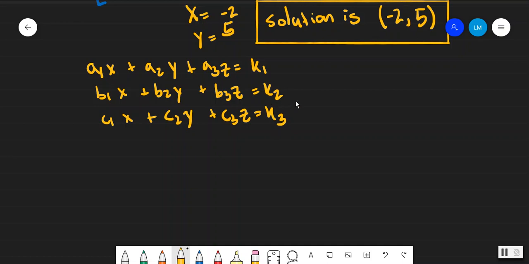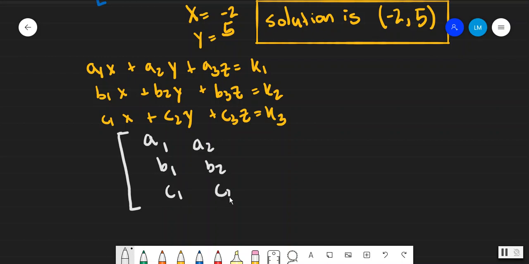Well, similarly, I can do the exact same thing where I augment the matrix and I have a1, b1, c1, a2, b2, c2, a3, b3, and then c3, followed by the constants k1, k2, and k3.